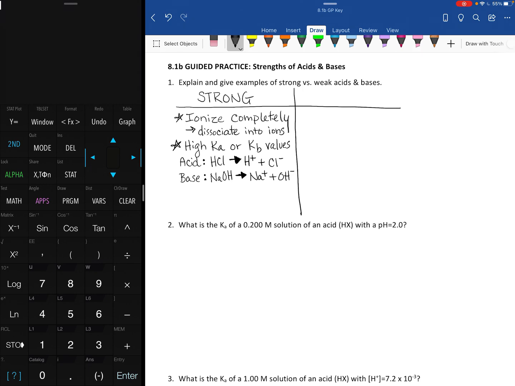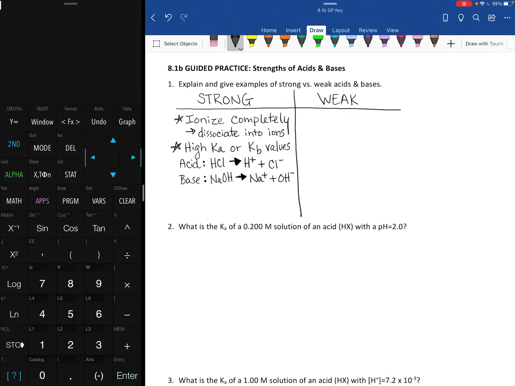And now, in opposition to that, if we look at the weak ones, so weak acids and bases, these are going to have incomplete ionization, so they're not going to completely dissociate into ions. So incomplete ionization.